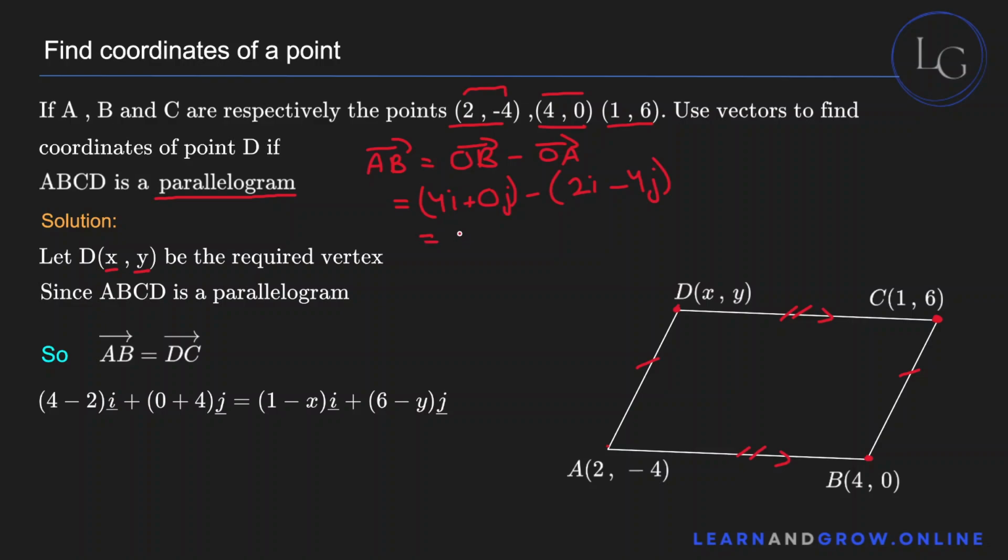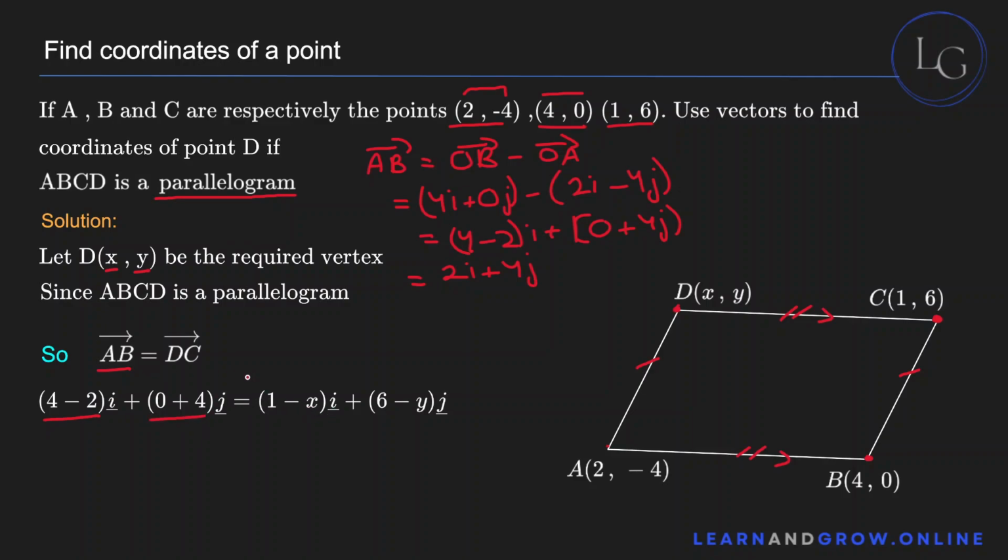Once you equate that, you get 4 minus 2i and 0 plus 4j, which is equal to 2i plus 4j, right? Now, that's AB. So 2i plus 4j.